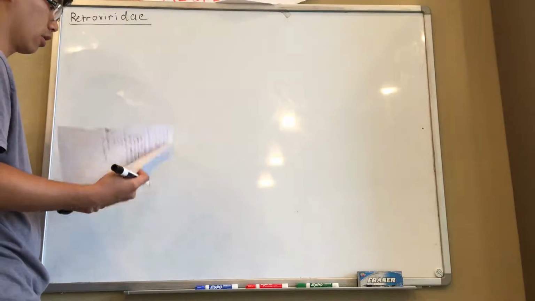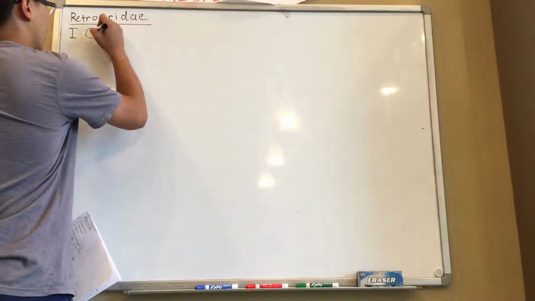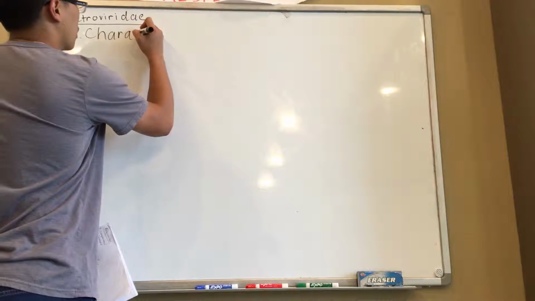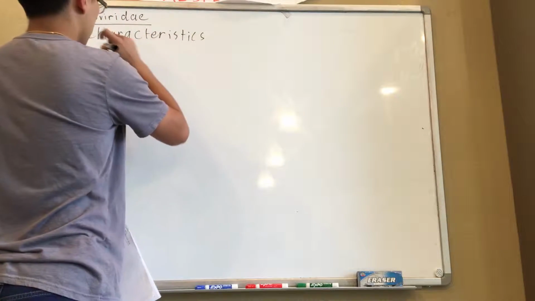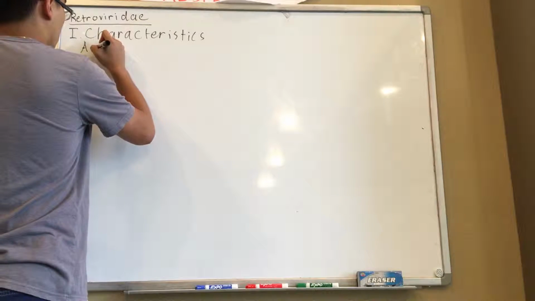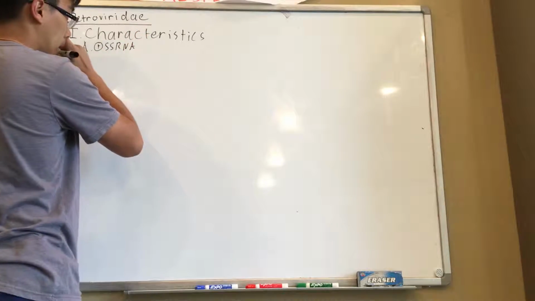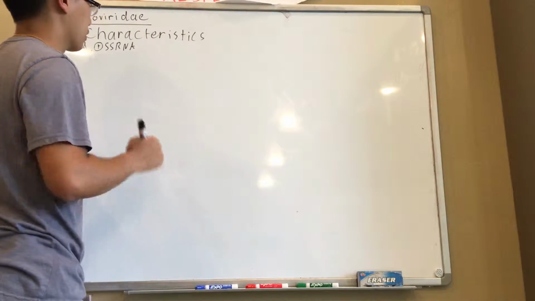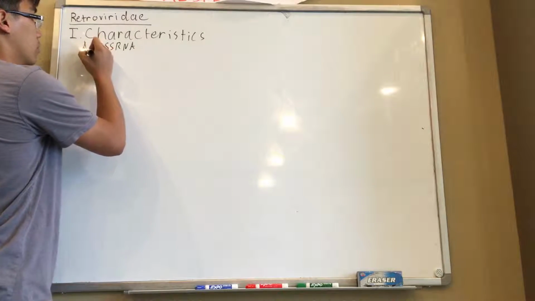Alright, so let's get straight to it. Like always, with any virus, the first thing you want to do is lay out its characteristics. The first thing to know is that this is a positive single-stranded RNA virus, just like polio, in the sense that it has a positive single-stranded RNA genome.